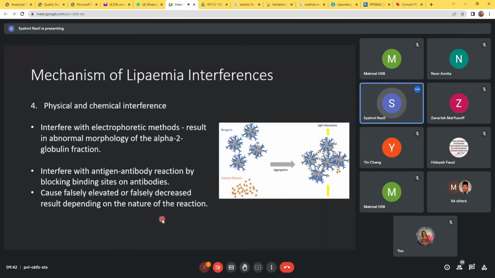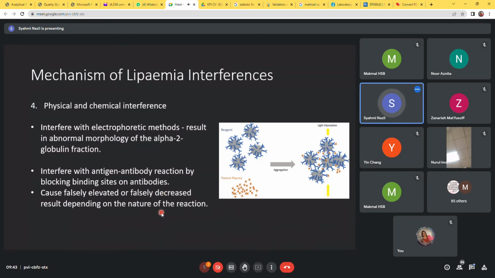The less common mechanism is the physical and chemical interference. It can interfere with electrophoretic methods like capillary electrophoresis. This will result in abnormal morphology of the alpha-2 globulin fraction in the chromatogram. The next mechanism is interfering with the antigen-antibody reaction in immunoassay by blocking the binding sites on the antibodies.